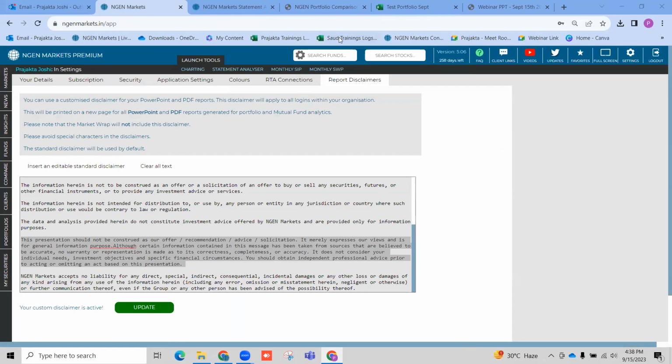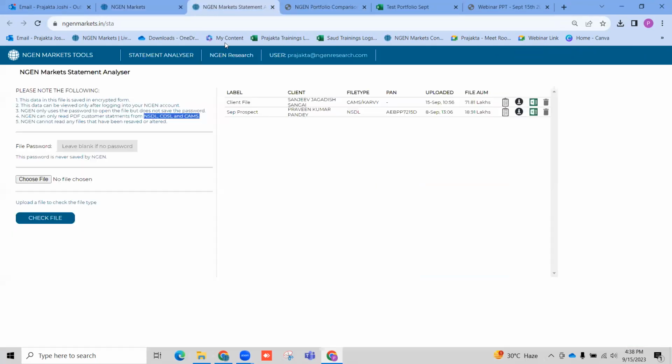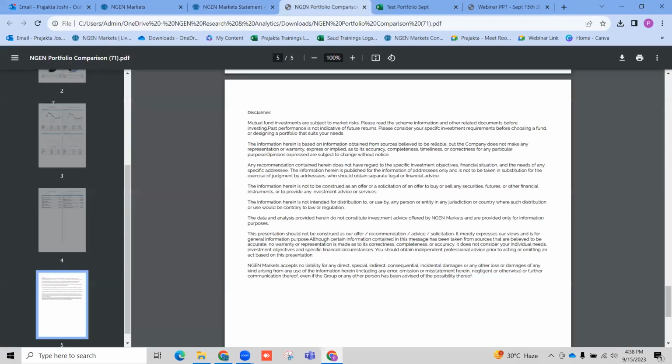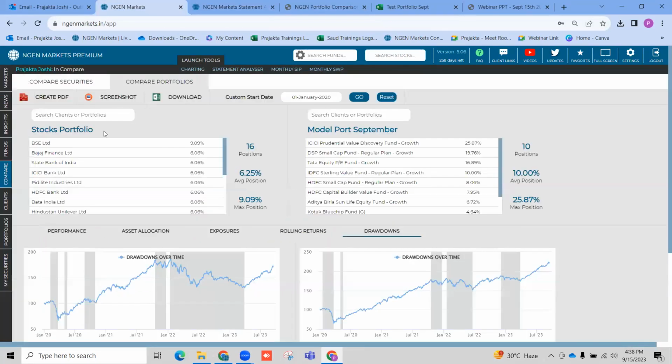Hi, Prajakta. This is Pramod here. Yes, hello. See, I am using NGEN for more than a year. And in one of the past sessions on optimization, I was recommending that we need to have a cap on the asset allocation. Like if you see your example also, the way the liquid fund was being reduced drastically to enhance the returns, right?